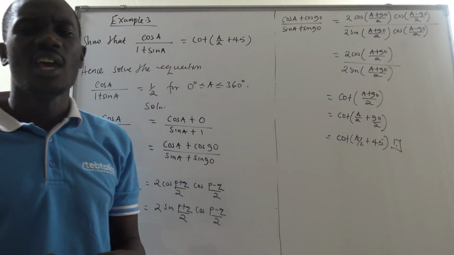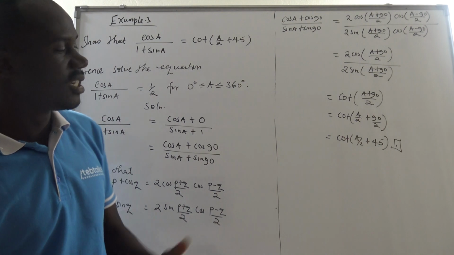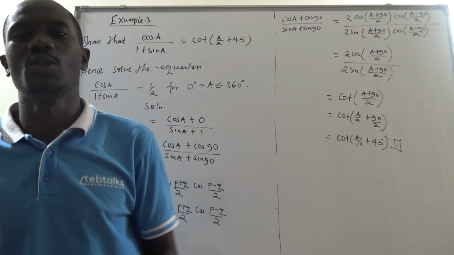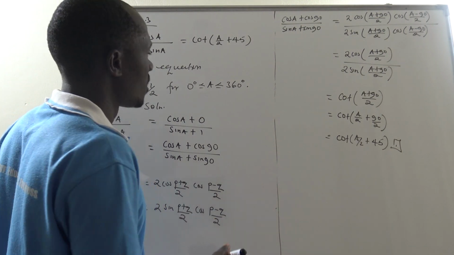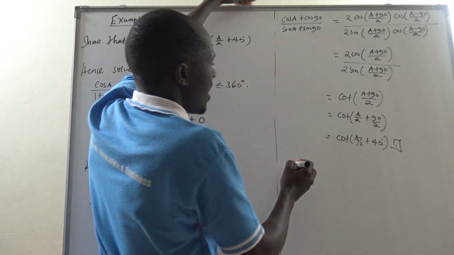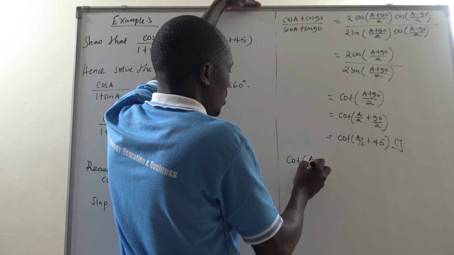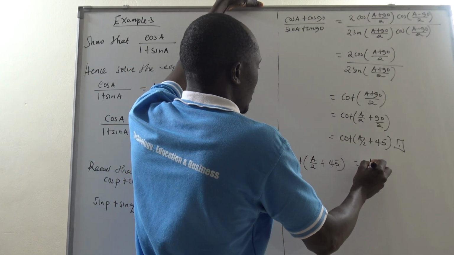Now they said, hence, solve the equation. When a question says hence, it means where you have stopped, just proceed with what they want you to solve. They said cos A over 1 plus sin A equals a half. That means the whole of this, cot of (A by 2 plus 45), equals a half.